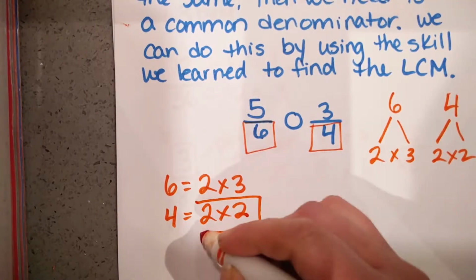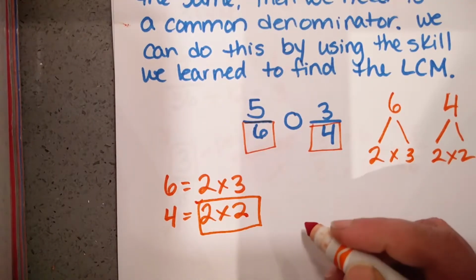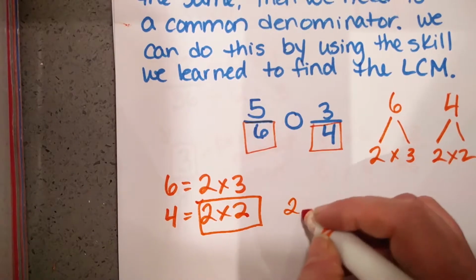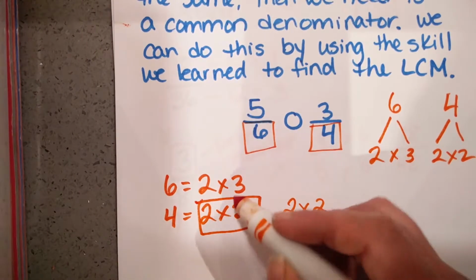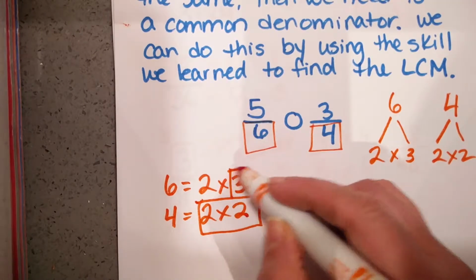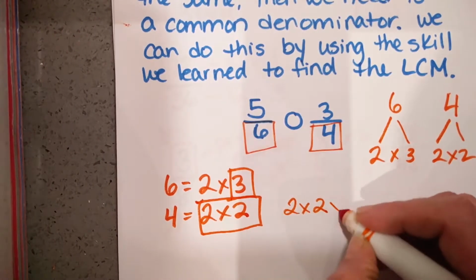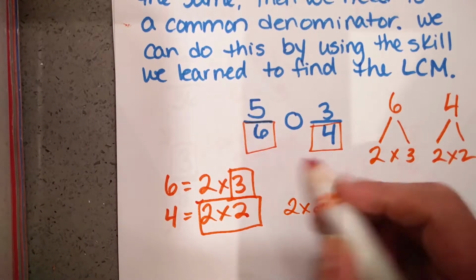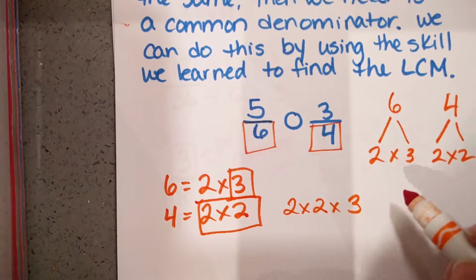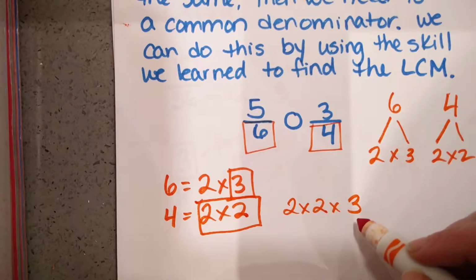We're going to take the most 2s, 2 times 2, to find the lowest common multiple. And then 6 has a 3, and it only has one of them, so we're going to do 2 times 2 times 3. And that's going to give us the lowest common multiple between 6 and 4.